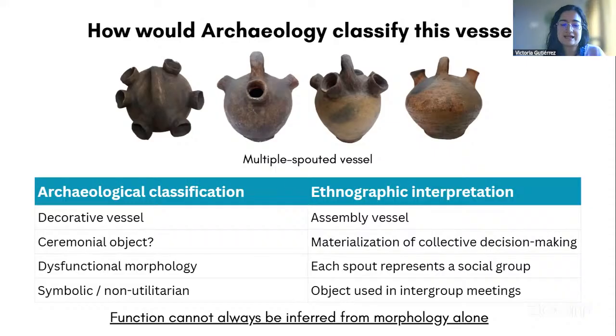So the idea is that each spout represents one participating group of the meetings of different groups. So what appears morphologically impractical and even hard to explain may actually materialize social relations and collective decision-making for these people.